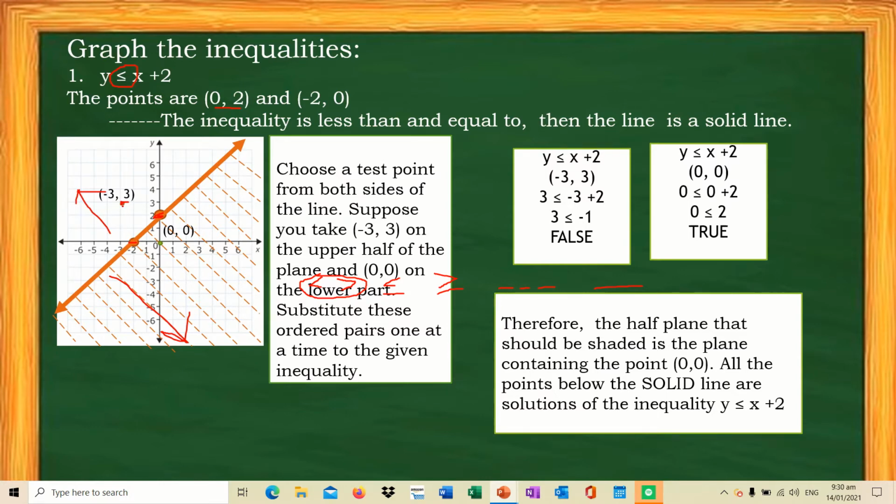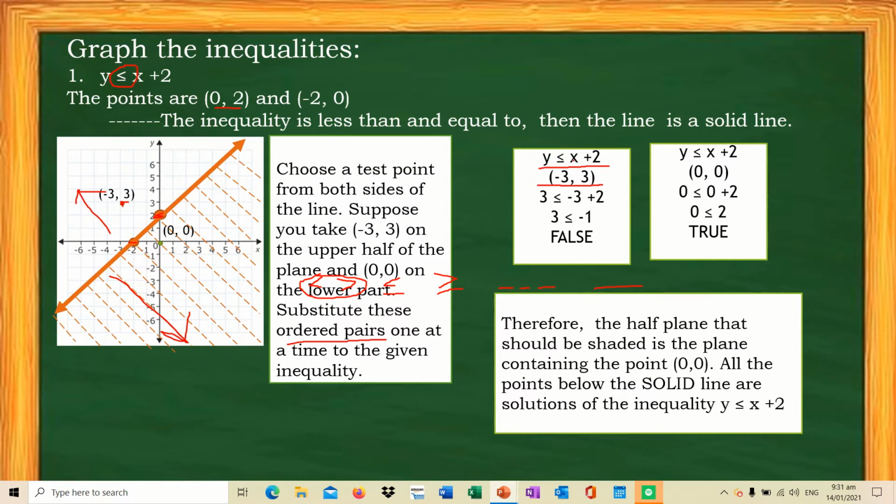Okay, so after choosing a point, substitute this point or ordered pairs one at a time to the given inequality. Our given inequality is y is less than or equal to x plus 2. Ang ating first ordered pair, (-3, 3). So, our value of x here is negative 3, our value of y is 3.